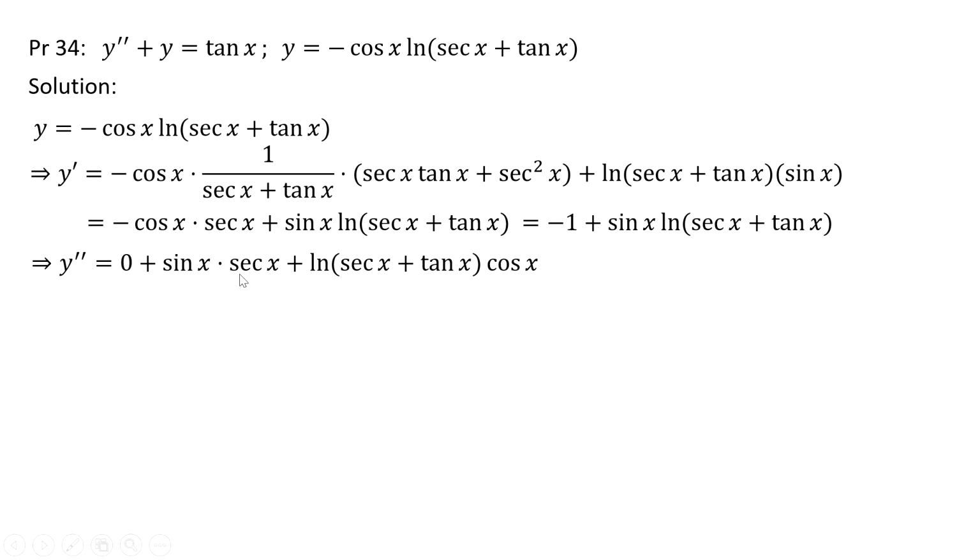Sine x times secant x plus second function times the derivative of the first function gives you this. Sine x times secant x. What is that? Secant x is 1 over cosine x. So sine x over cosine x. That's nothing but tangent x. So we can write like that.